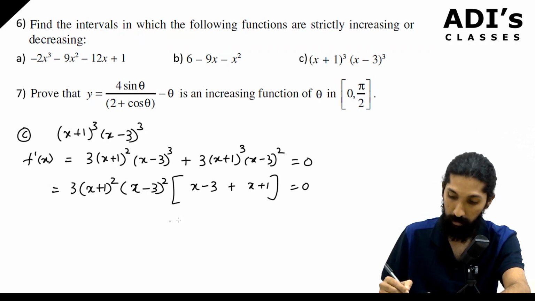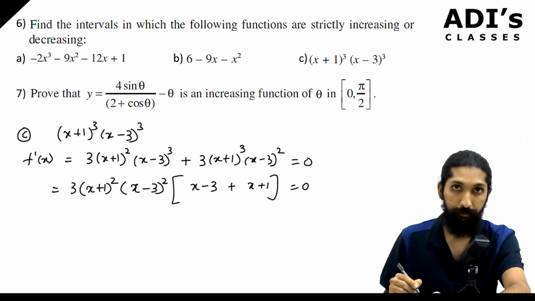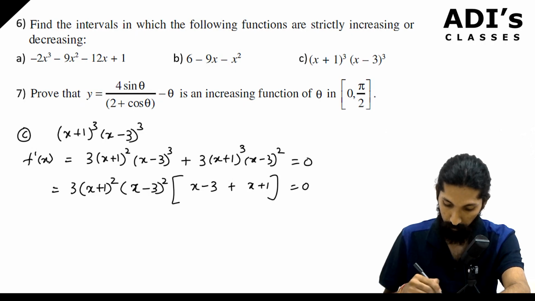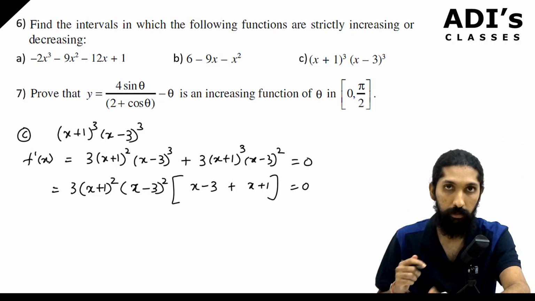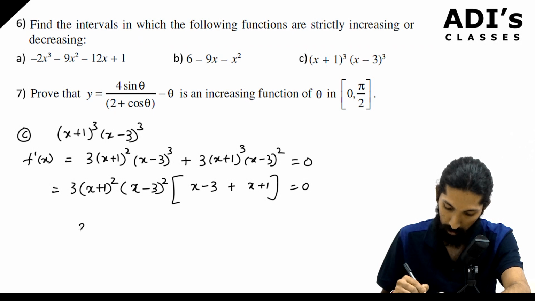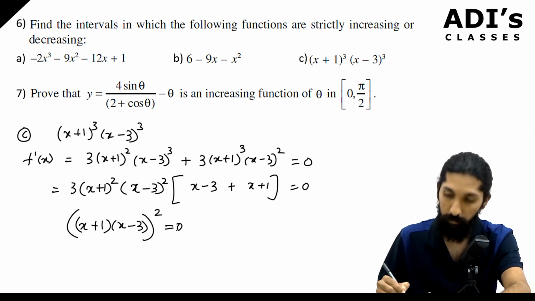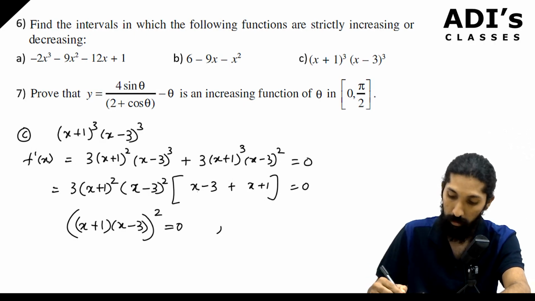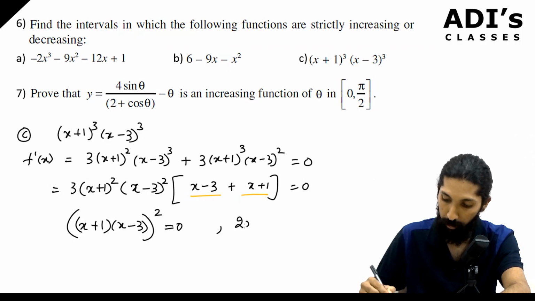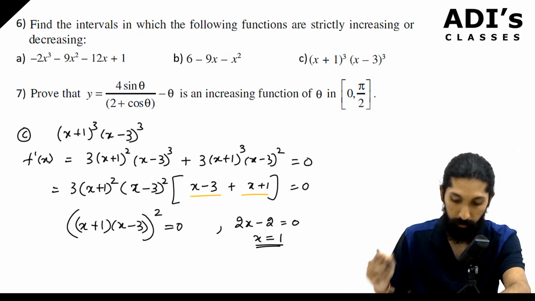The 3, anyway you can take it off, 3 is not going to matter. Either x plus 1 into x minus 3 whole square is 0, or, when you take x minus 3 plus x plus 1, you'll get 2x minus 2 is 0, or x is equal to 1. Either x is 1 or this value is 0.